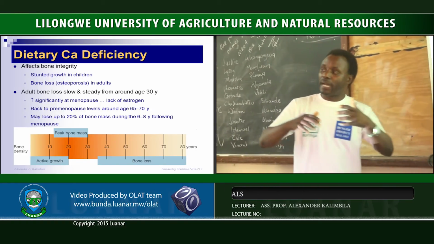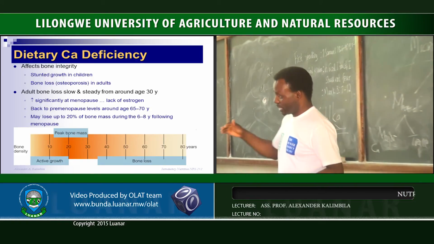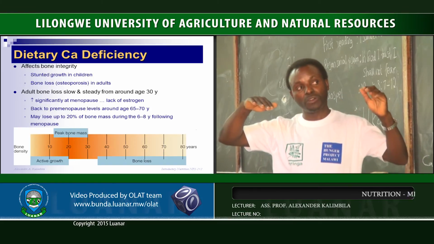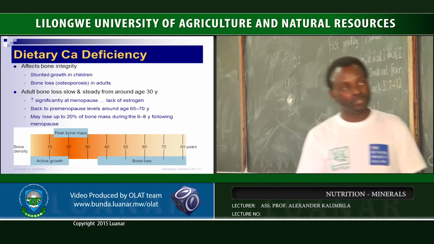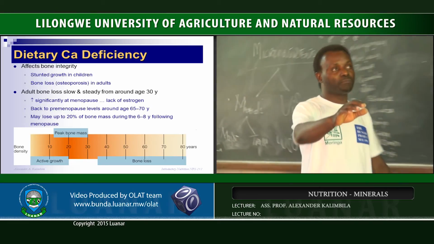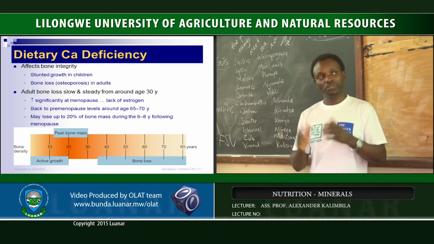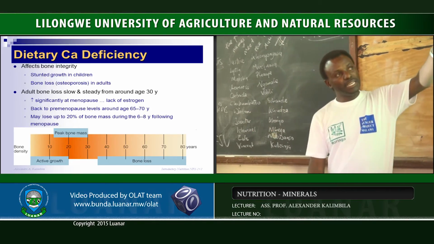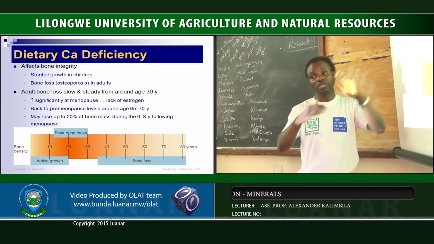It bounces back. So immediately after menopause, the first 6 to 8 years, there's a nosedive in terms of bone loss. A woman in menopause may lose up to 20% of their bone mass just in those 6 to 8 years following menopause. Then when they hit around the age of 65 to 70, it is back to pre-menopause level.